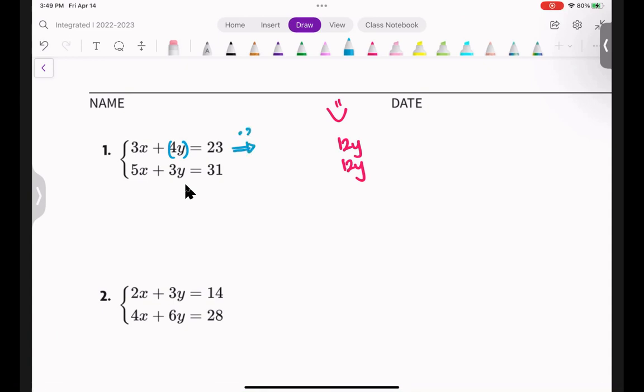And so you'll say, oh, I'm going to multiply by 3. And you're right, because 4y times 3 is 12y. So that means I'm going to multiply every single piece by 3, right? So 3 times 3x, that's 9x. 3 times 4y, that's 12y. 3 times 23 is 69.